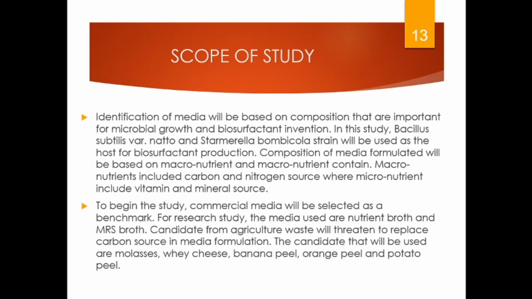To begin the study, composition media will be selected as a benchmark. For this, the media used are nutrient broth and MRS broth. Candidates from agriculture waste will be used to replace the carbon source in media formulation. The candidates that will be used are molasses, banana peel, orange peel, and potato peel.